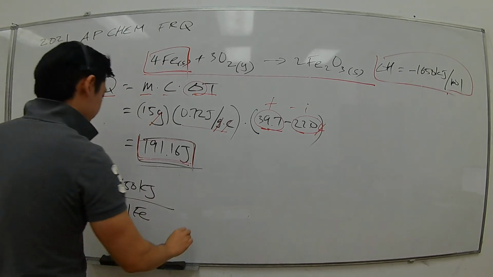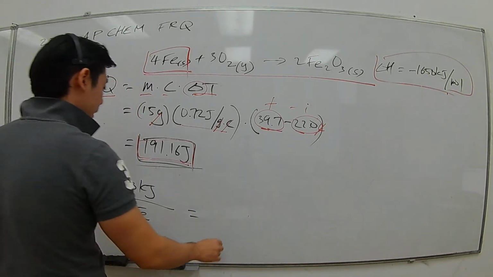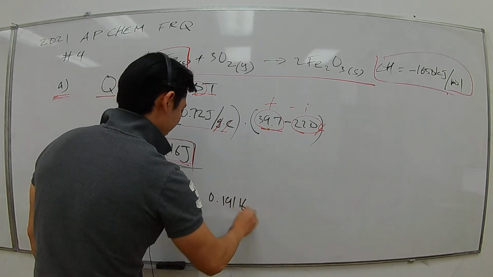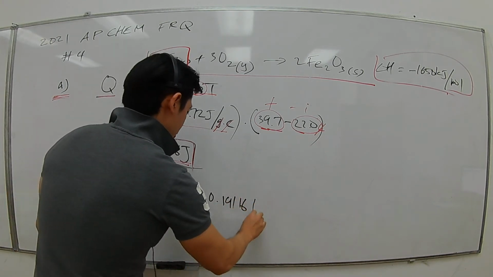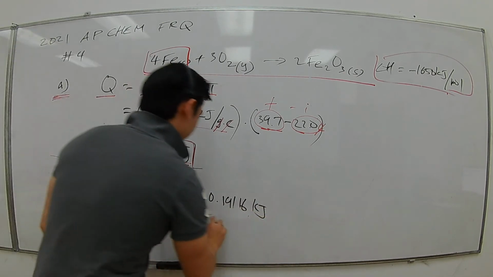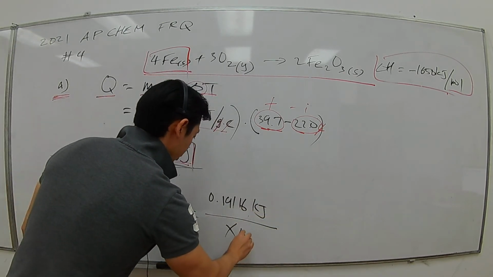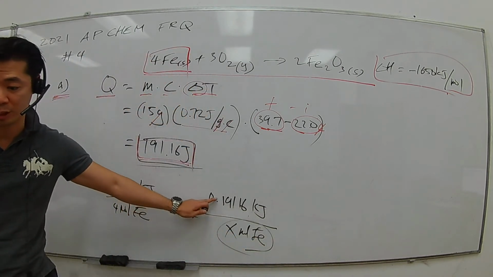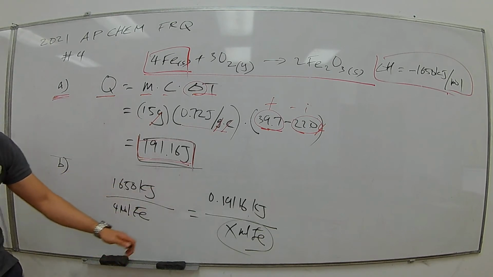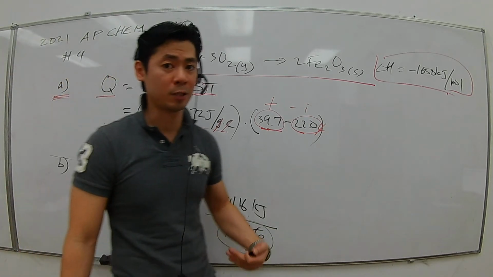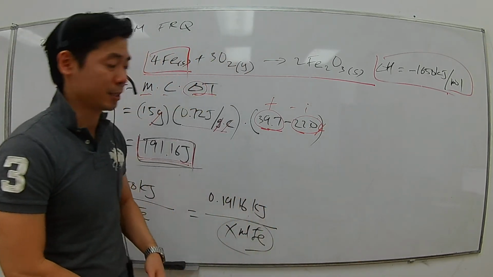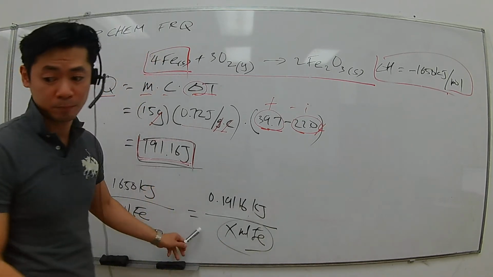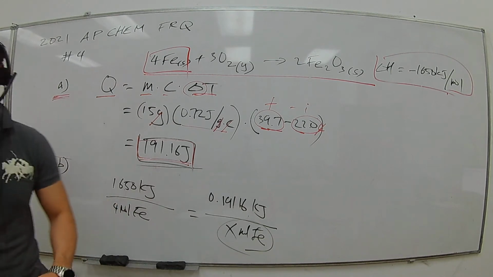I'm trying to find out, if it gave off 0.19116 kilojoules, divided by x moles of iron, it will get you the total number of moles of iron to produce this much heat. You can cross multiply, get your answer, and multiply this by the molar mass of iron, which is 58, and get the mass of iron. So this is a less fancy way of solving it, but it still works. Cross multiply, get your answer, it's still fine.